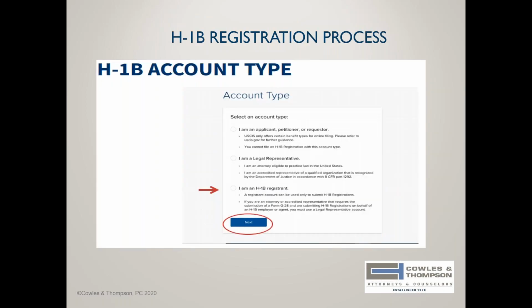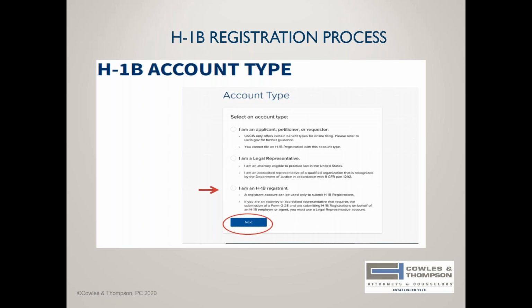Once the account is created, or you are into creating the account, you have to select what type of account. In your case, if your attorney or legal representative is not creating the account, but you, employer, doing it directly, then you have to choose I am an H-1B registrant, meaning you are registering your own petitions.